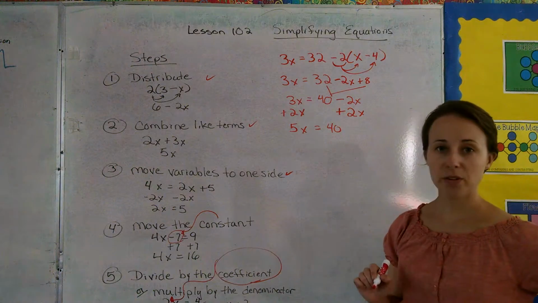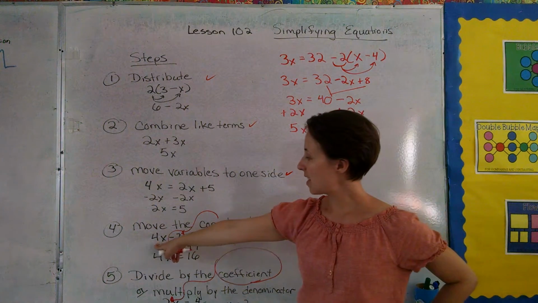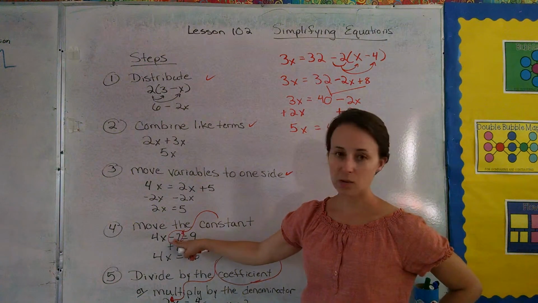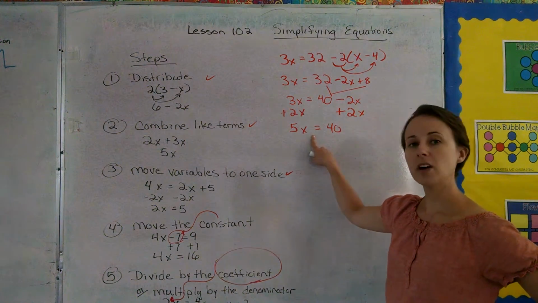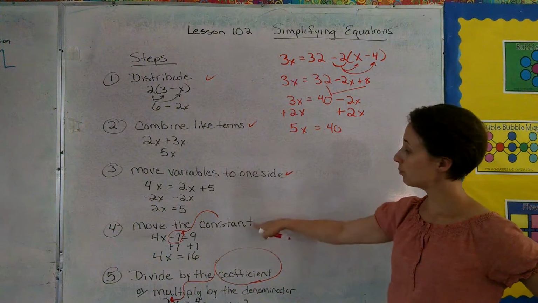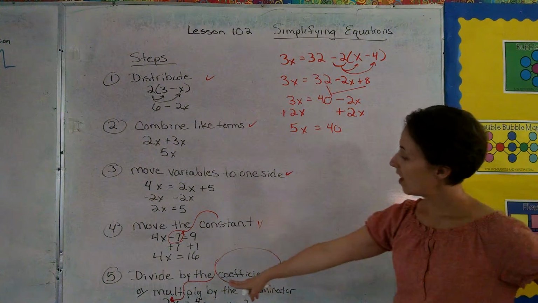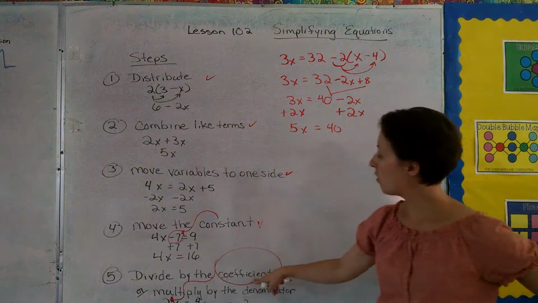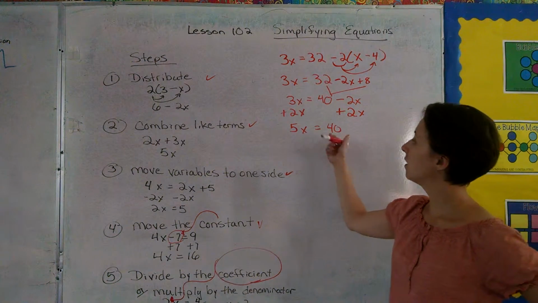All right, so check. My variables are all on one side. Step 4, move the constant. Usually I'll end up with some number x plus or minus something equals an answer. I don't have a constant. It's 5x, but there's no plus or minus. So I don't need to do that. Check. Almost done. Last but not least, divide by the coefficient. The coefficient is the number times the x.